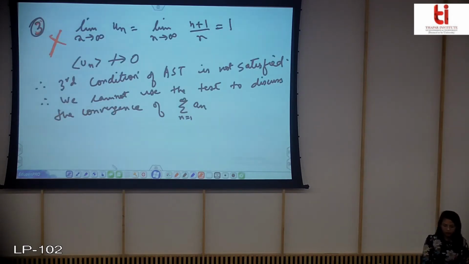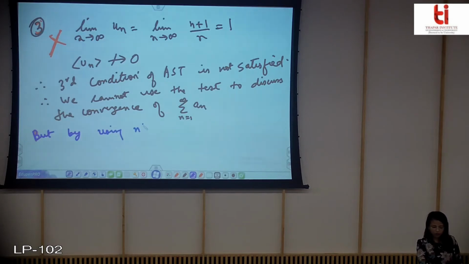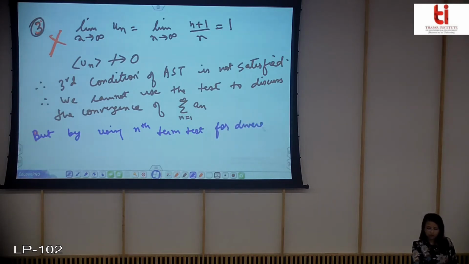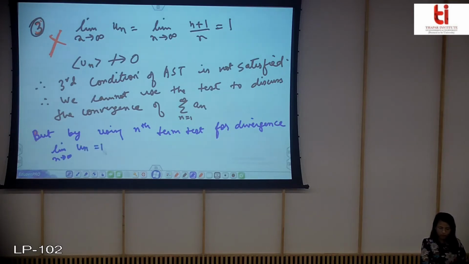And by the nth term test, you can write, using the nth term test for divergence, since you can easily see that the limit of un is equal to 1, which is equal to what?